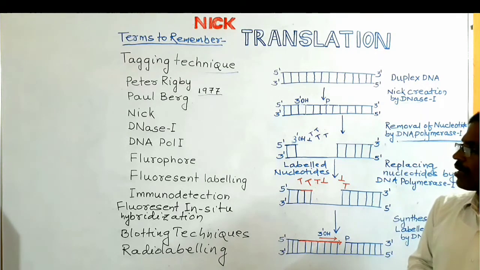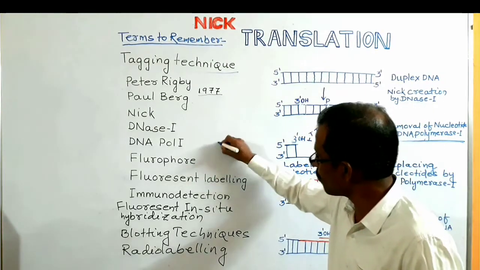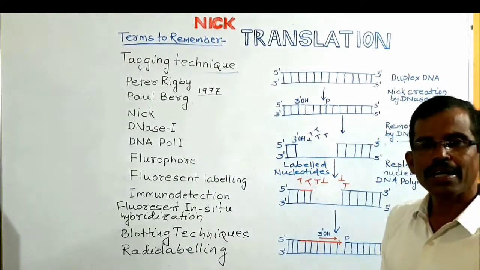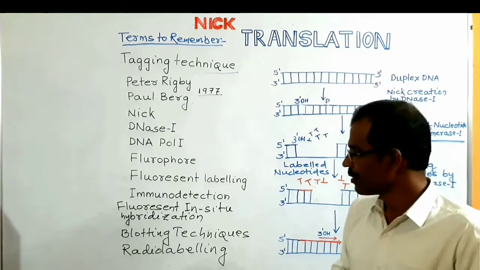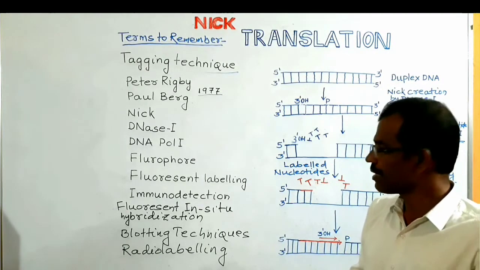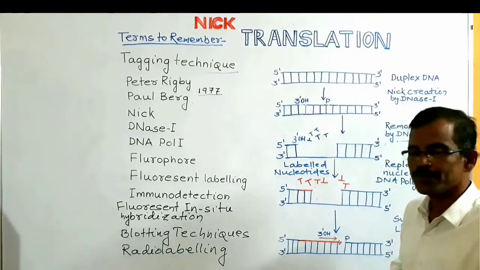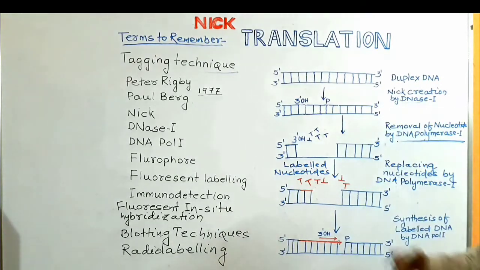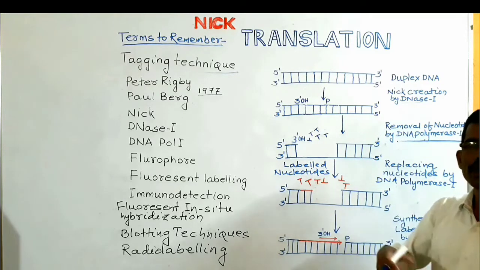So DNA molecules can be labeled by using a suitable fluorophore, or it can also be labeled by using an antigen. If antigen is used for labeling, then it can be detected by immunodetection. Similarly, the DNA molecules can also be labeled by radioactivity.